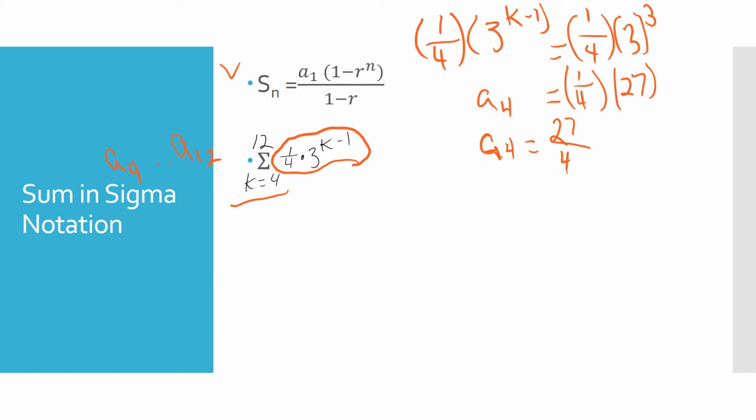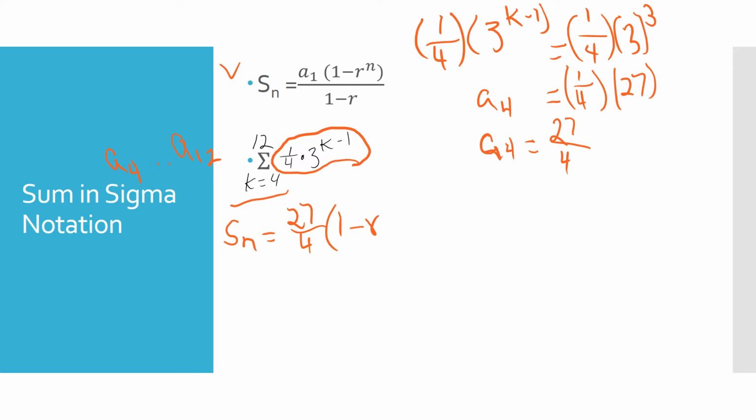So let's begin to plug this in. I'm going to start coming back down here. So I've got Sn equals 27 over 4 times 1 minus r, and we've got to raise it to the nth power.